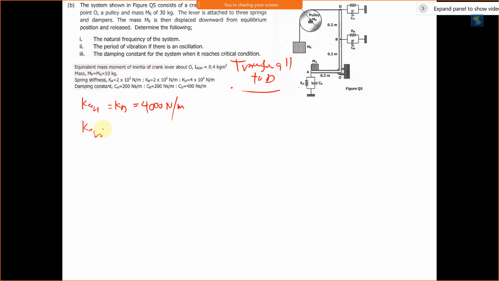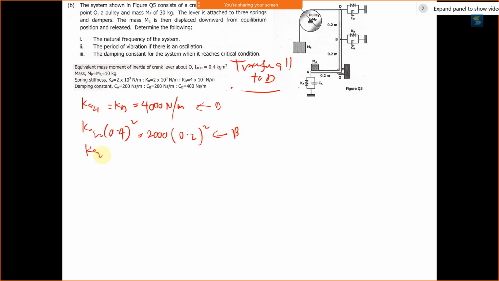Yang ni kita ambil yang point B first. K equivalent 2 times with 0.4, this is for D, and equals to KB, which is 2000 times with 0.2 squared. Alright, so this is for B.